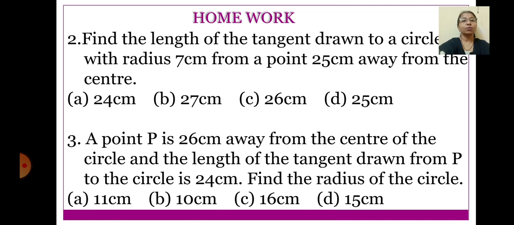So in all the cases you are going to apply that first theorem. What is that theorem? Radius is perpendicular to the tangent at its outer end, or at the point of contact. So every time you will get a right angle triangle, apply Pythagoras theorem. Two lengths are given to you. You can find the third length very easily.